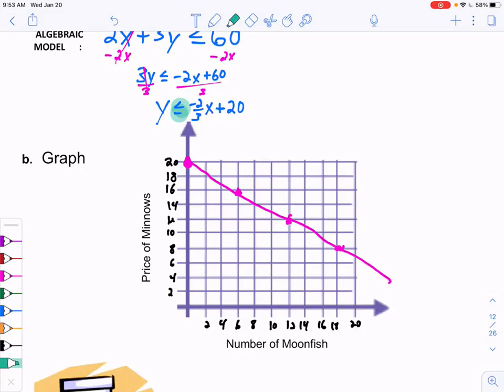Yeah, less means below. So what you do is you take a point on the line and then you just shade down. So you find a point on the line and you just go straight down because you're shading below. That is some fine shading, Mr. King. That's why they pay me the big bucks around here.